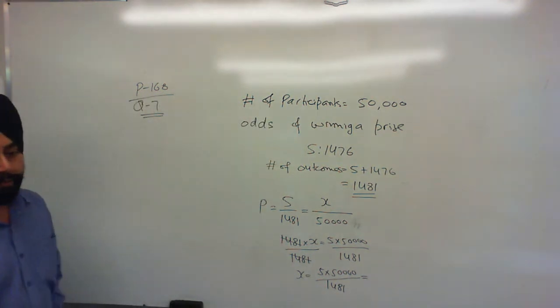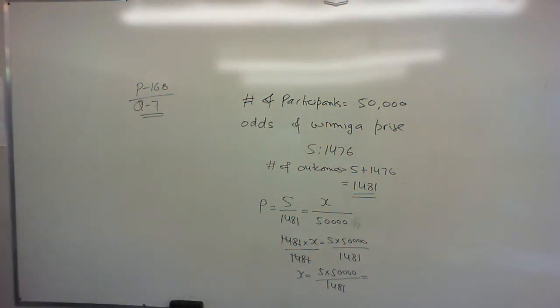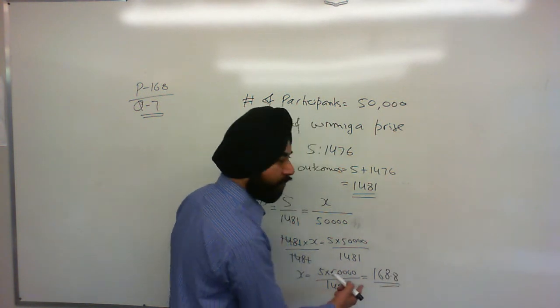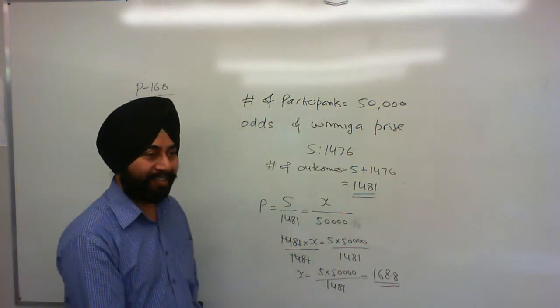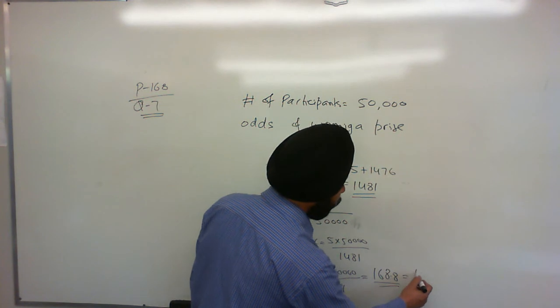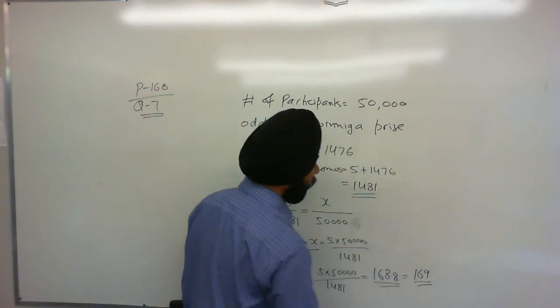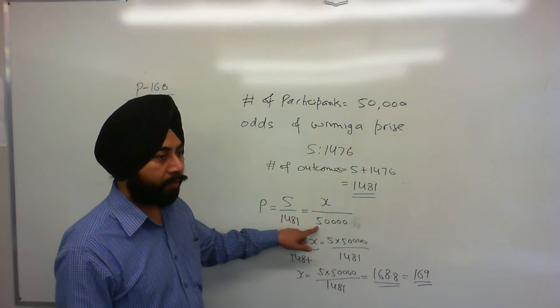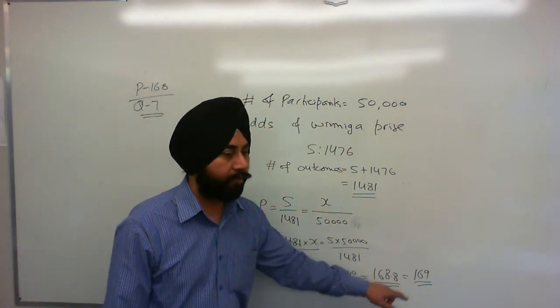You can solve this to find your answer. 169. Yeah, you will get 168.8. But because this is number of people, it can't be in fractions. So it will be 169. So how many people will win if there are 50,000 people playing? 169 will win.